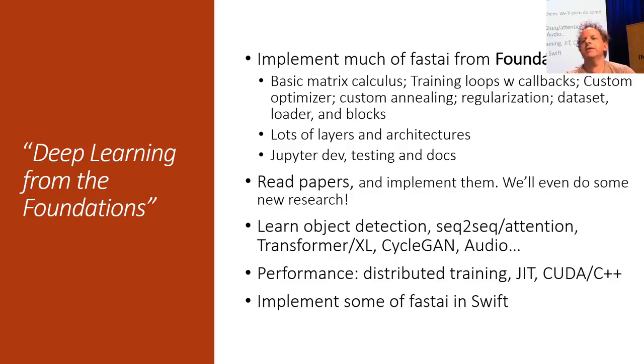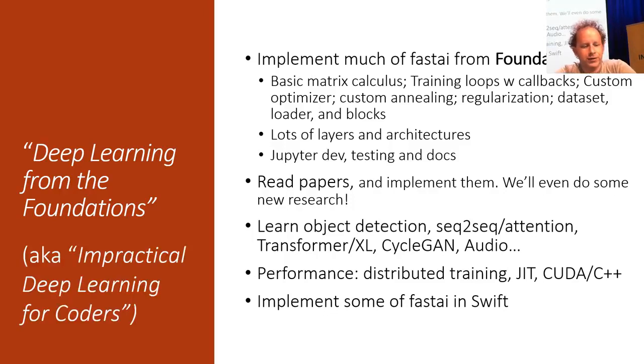I'll also be doing a deeper dive into some performance considerations like doing distributed multi-GPU training, using the new just-in-time compiler, which we just call JIT from now on, CUDA and C++, stuff like that. Okay, so that's the first 5 lessons. And then the last 2 lessons, implementing some subset of that in Swift.